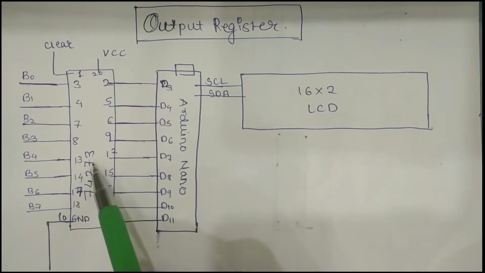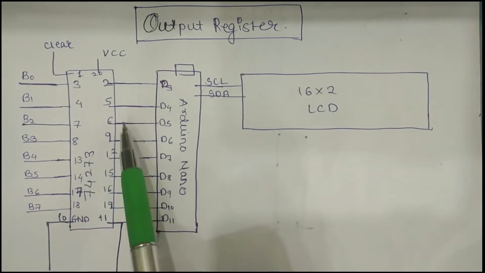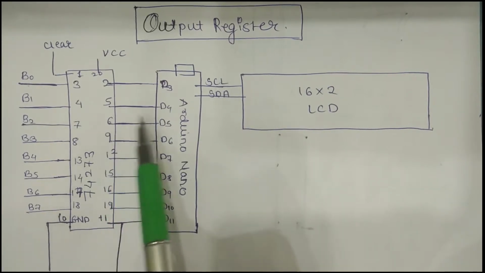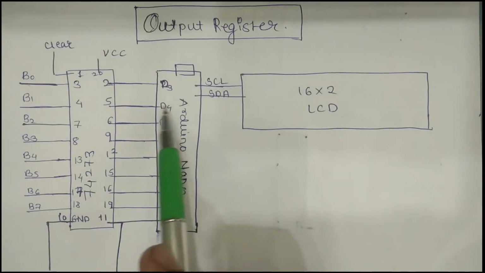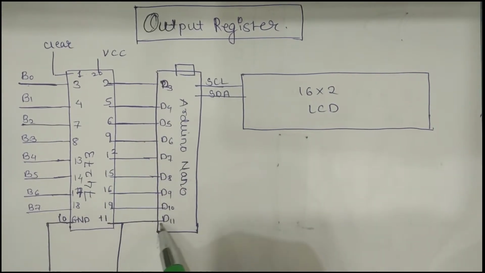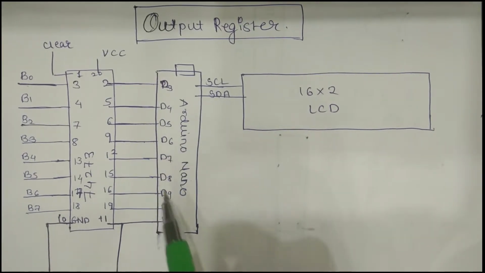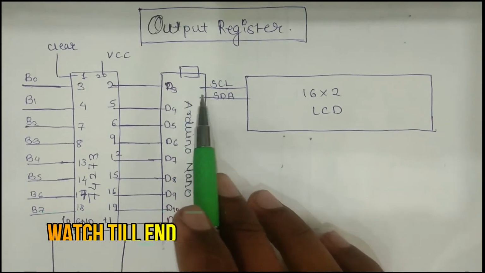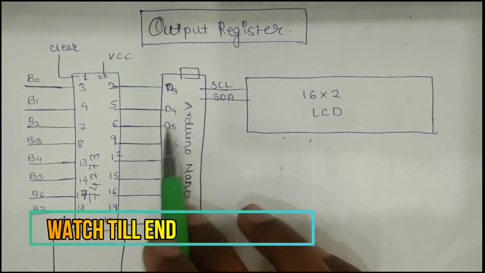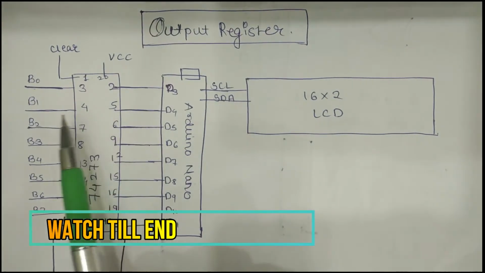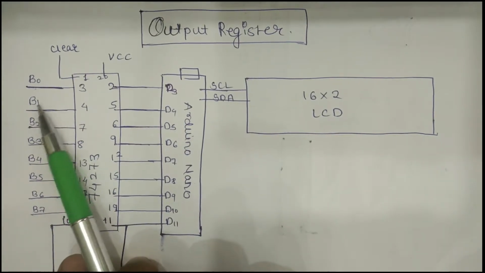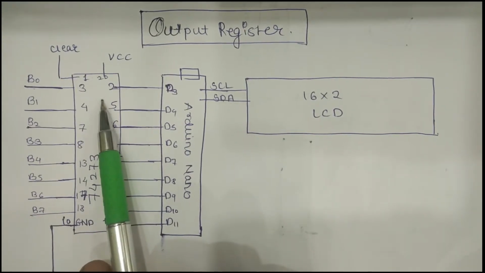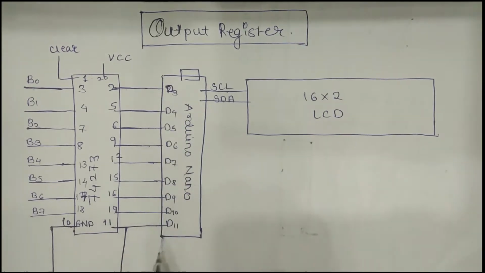After getting a control signal, it outputs its value to these Arduino Nano digital pins. Each and every one of these digital pins will be declared as an input, so when there is a value in this register, it will be output onto these digital pins.